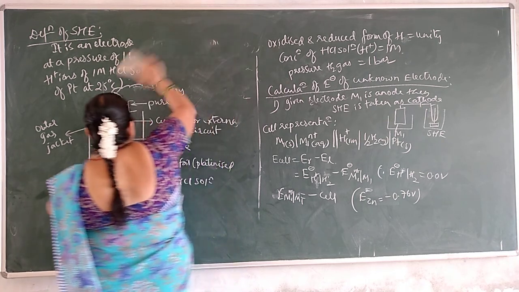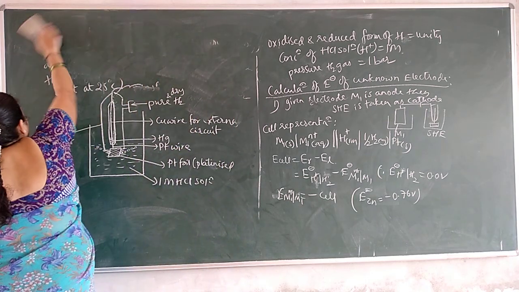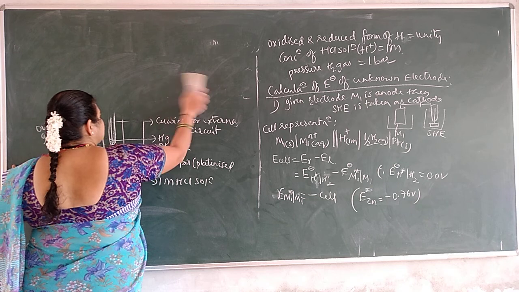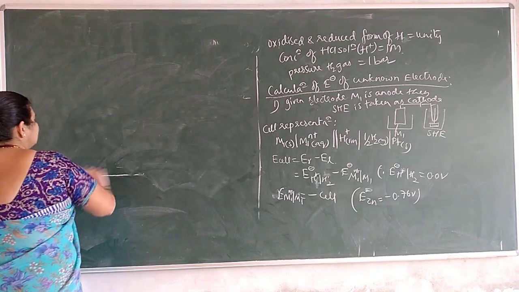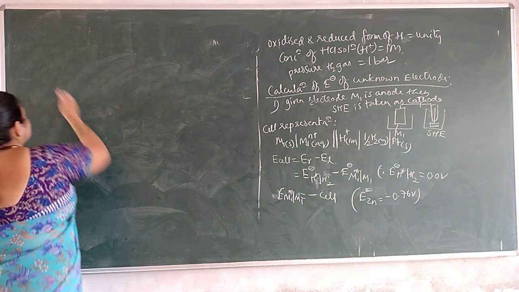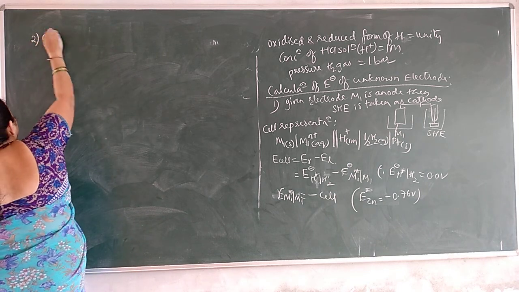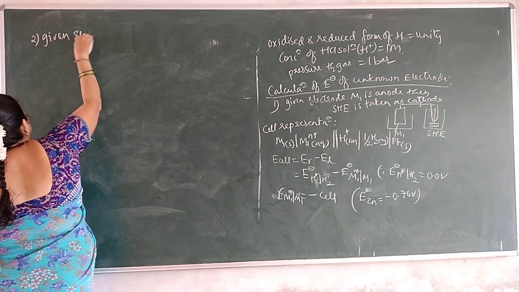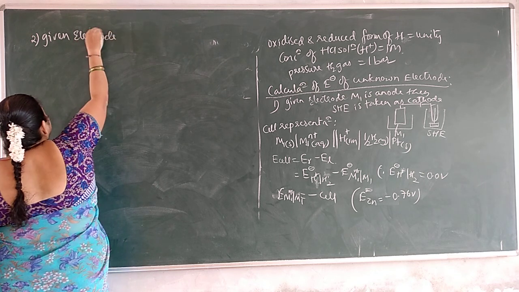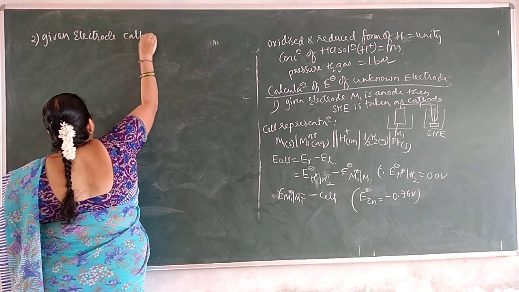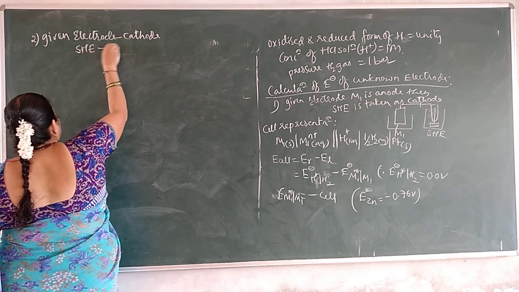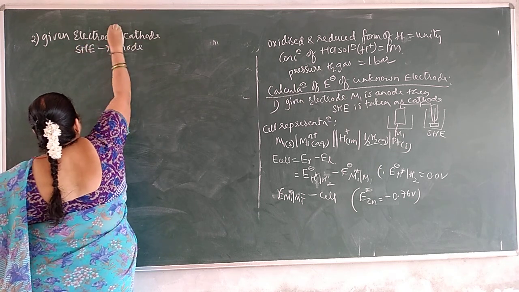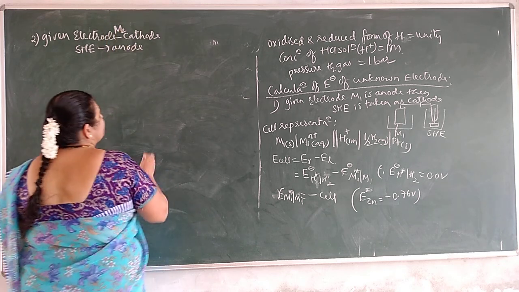That was the first case, where the given electrode is the anode, and SHE is taken as the cathode. Now in the reverse case, the given electrode is the cathode, so that SHE acts as anode. The given electrode, say M2, is taken as cathode.